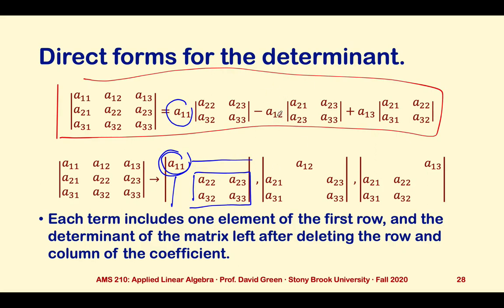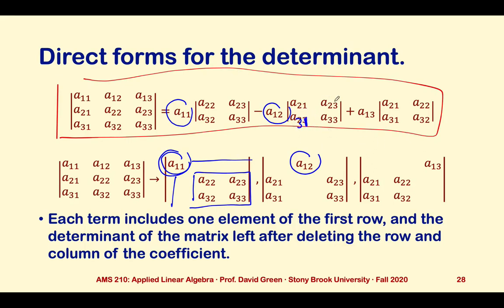For the second term, we have A12. The pieces that we're left with, A21, A23, and again, this is the same error that I had on the previous slide, apologies.